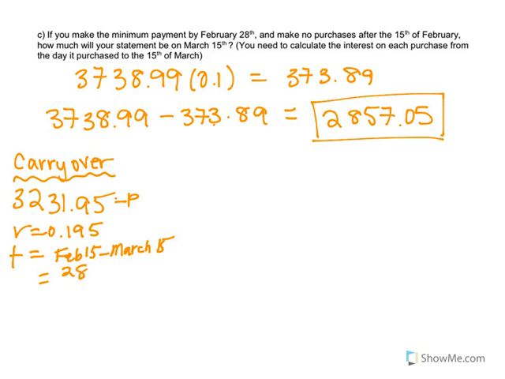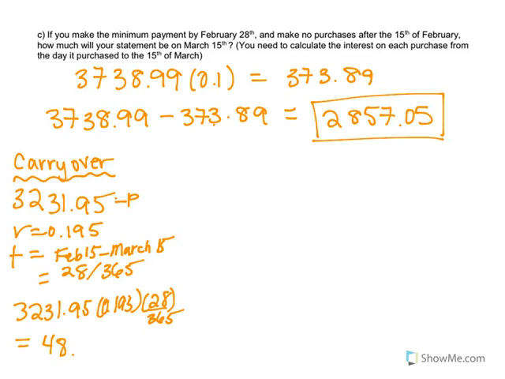So we go 3,231.95 times the rate times the term, 28 out of 365, don't forget that. And the amount of interest you're paying here is 48.34. So that's the interest you're carrying over.